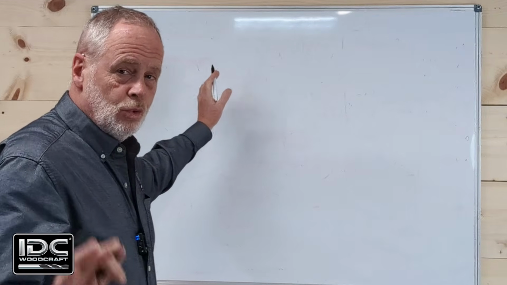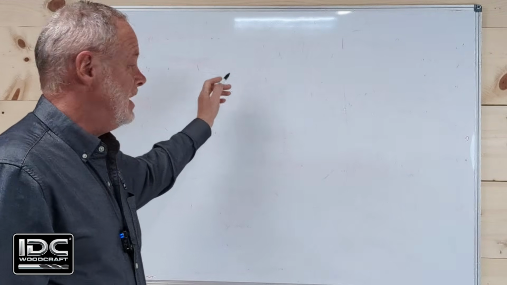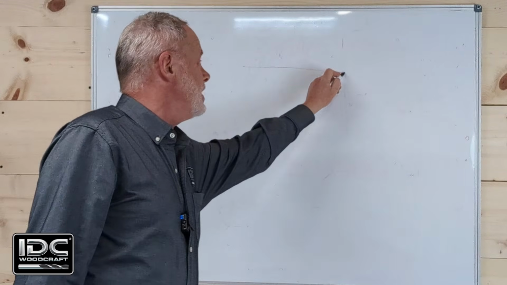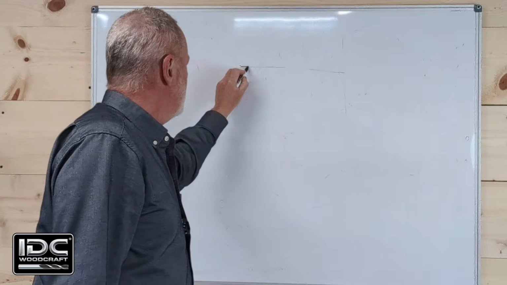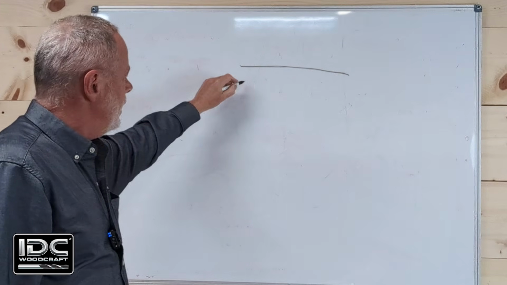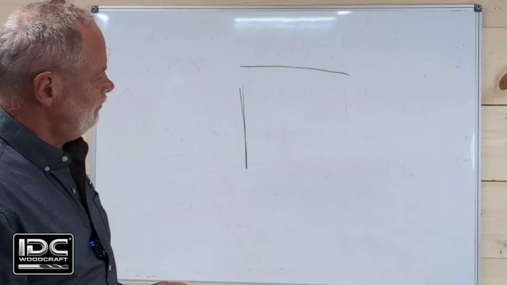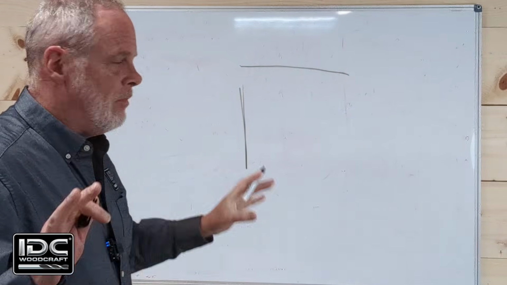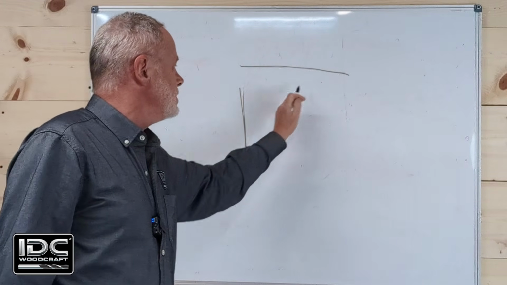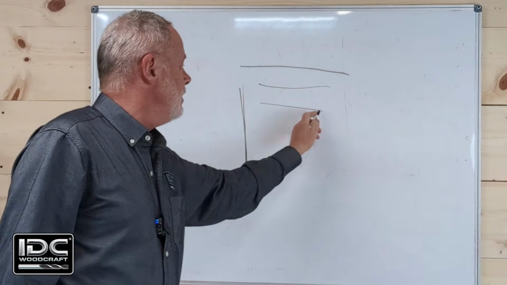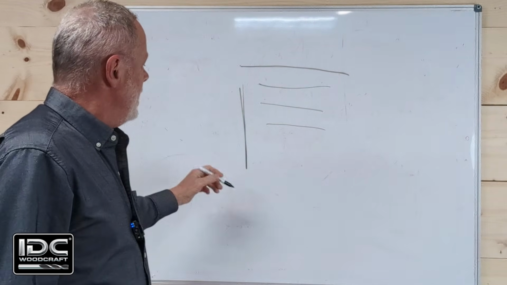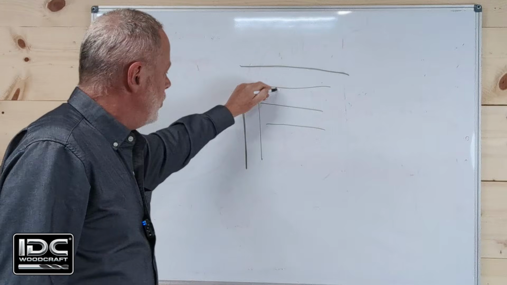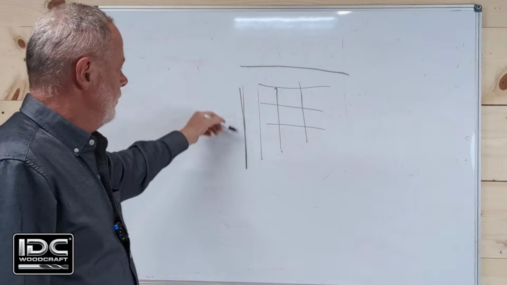We have two grid lines that we made, our baselines. We've got the one going across the top, and the one going up and down. So we have to make multiple lines going across like this for this line. And then we're going to need to make multiple lines going across this way for this line.